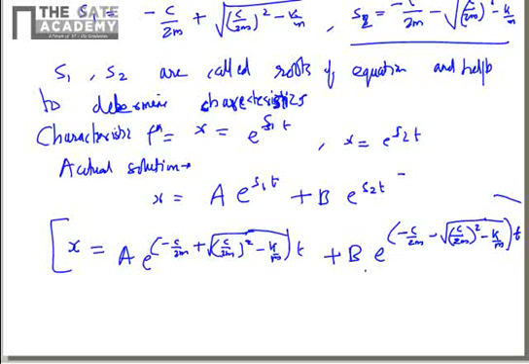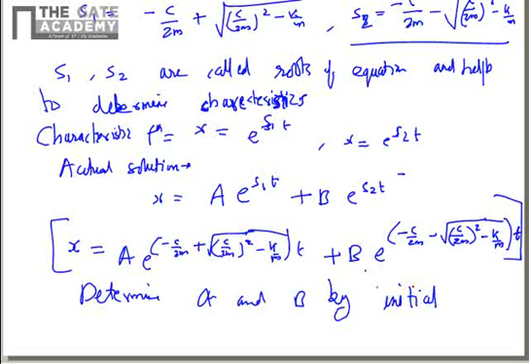That is the second root. So this is the general solution. Here we have to determine A and B by initial conditions, like we did for the free vibrations. So we will analyze this equation now.